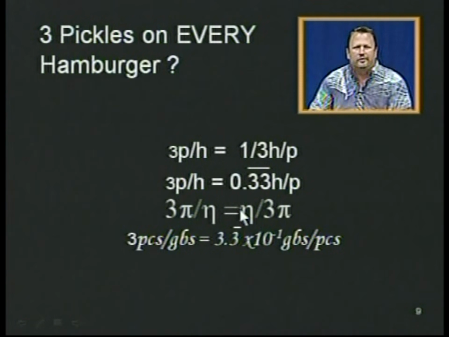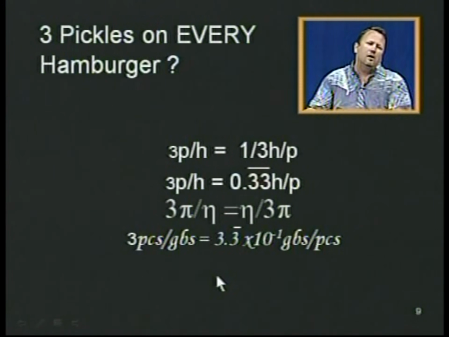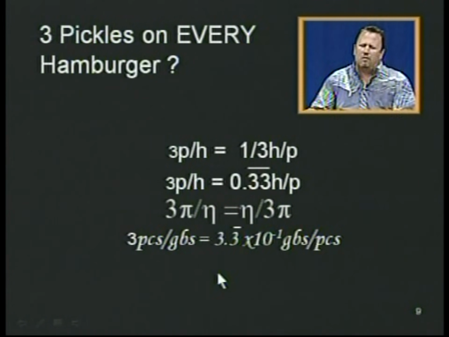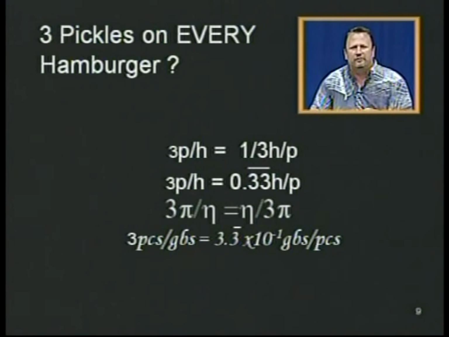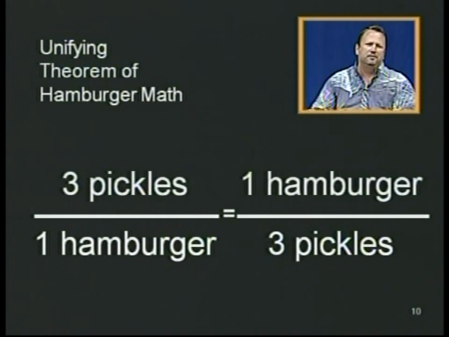I'm not even sure what those Greek letters mean. 3 PCS, so that's pickled cucumber slices, per ground beef sandwich is equal to 3.3 times 10 to the minus first ground beef sandwich over pickled cucumber slices. And so when you go and read math problems and word problems, you're going to see some very difficult nomenclature. I just want you to be able to take that information and make very simple mathematical formulas from it.